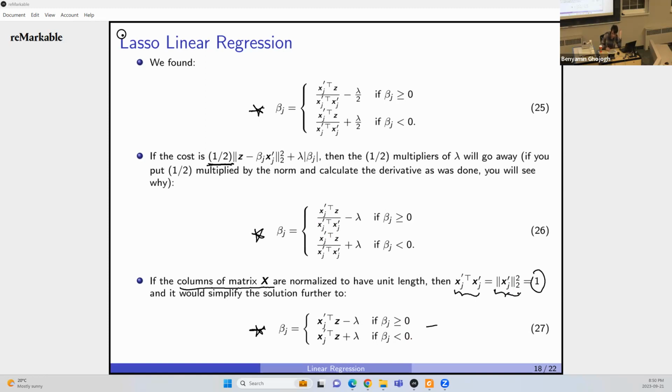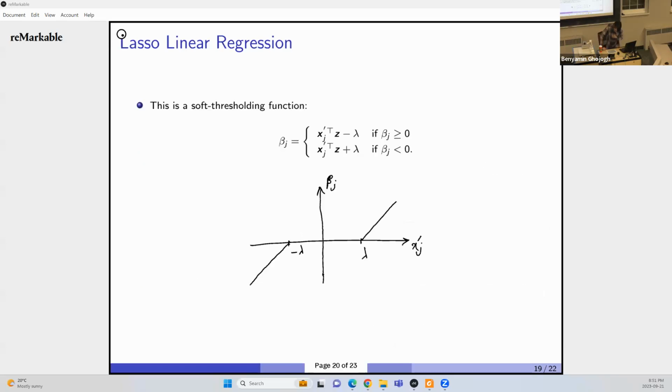What is this? This or this or this? 25, 26, or 27, whatever. These are soft thresholding. Assume the last one. This is exactly soft thresholding. So consider the plot of beta j with respect to xj prime. If beta j is greater than 0, I'm here, right, in this region. Then I should use this equation. What is this?